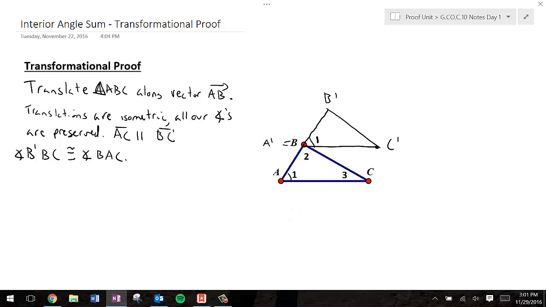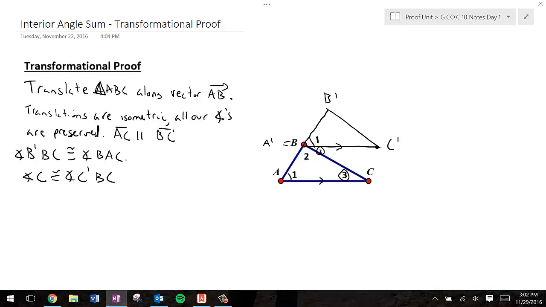Now, we also know with alternate interior angles, if I've got those two parallel lines and BC as my transversal, that angle 3 and this spot here are going to be congruent. So we can say that angle C, angle 3, is congruent to angle C prime BC.